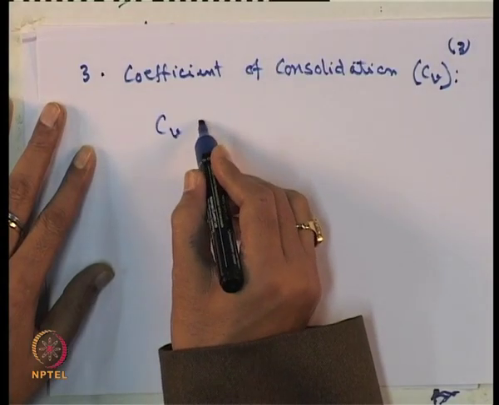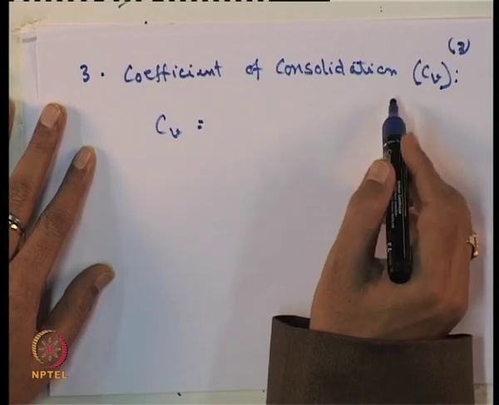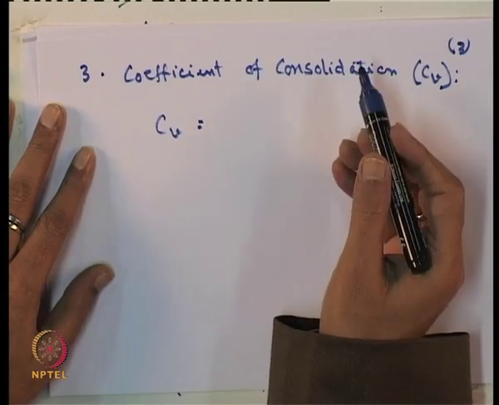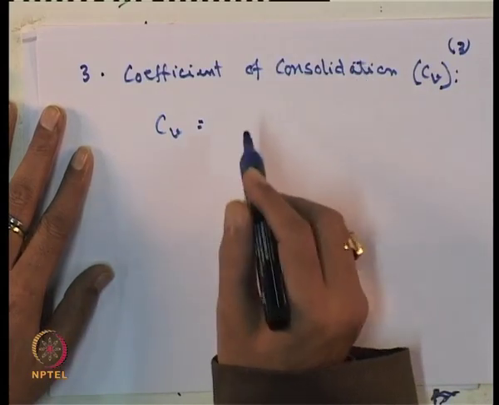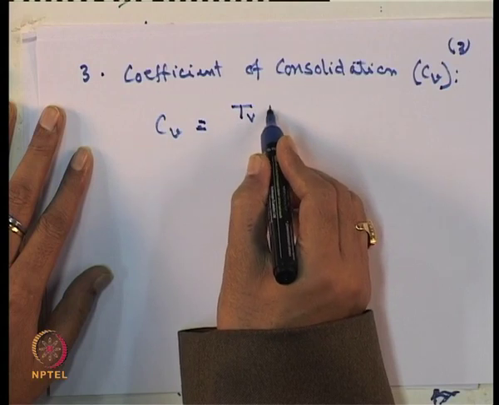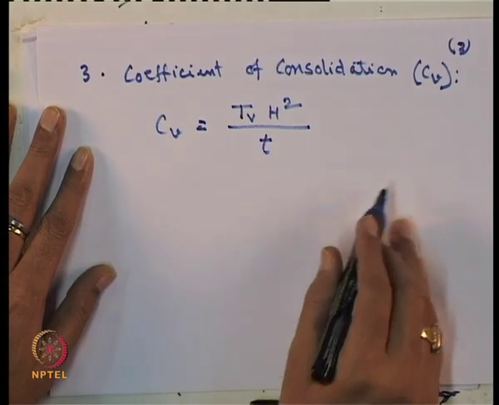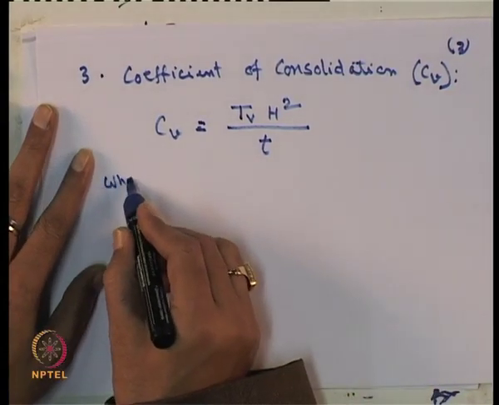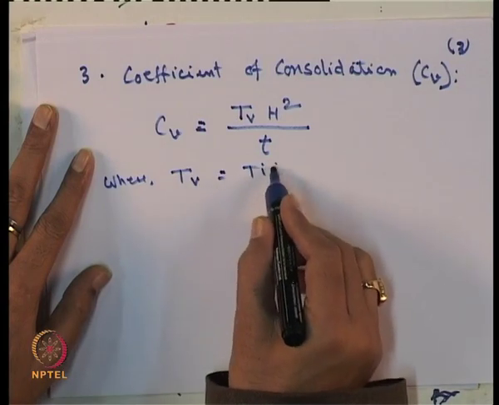So, this coefficient of consolidation is defined as the amount of water drained out of the void ratio of a clay prismatic element in a unit time due to the consolidation. So, Cv can be written as Tv into H square, this divided by t, where Tv is equal to the time factor.